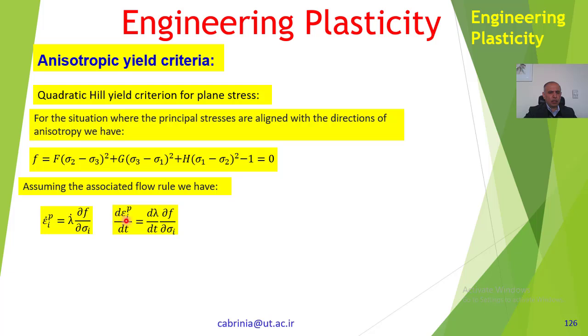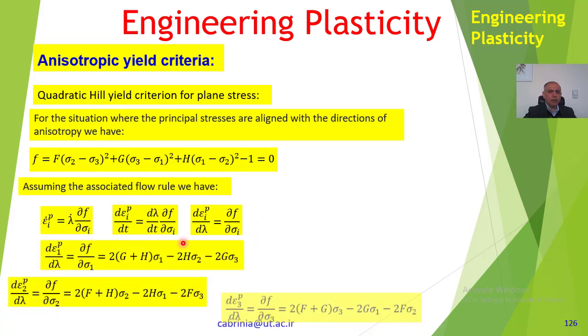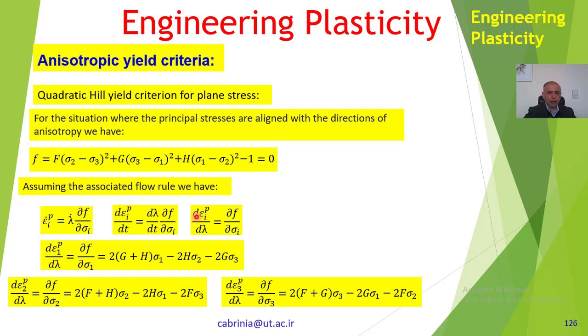So d epsilon i plastic over dt equals d lambda over dt times partial f over partial sigma i, and therefore if we cancel out this dt and bring the d lambda over here, we get d epsilon i plastic equals d lambda times partial f over partial sigma i, and we could put f in here, this function f relative to sigma 1, sigma 2, and sigma 3.